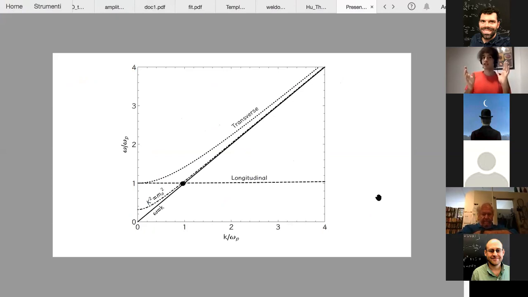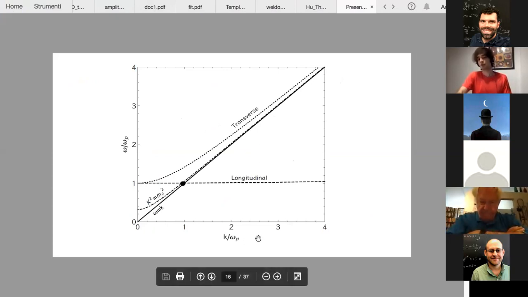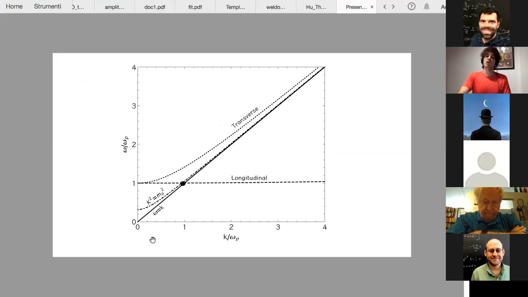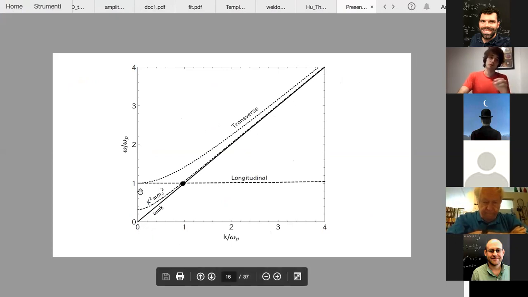For small wave number, this is a very good picture. So on the x-axis, you have the wave vector. On the y-axis, you have the frequency, omega, always normalized to the plasma frequency. And you see, first of all, that when k is equal to 0, you have the plasma frequency. It's just also the definition of the plasma frequency.